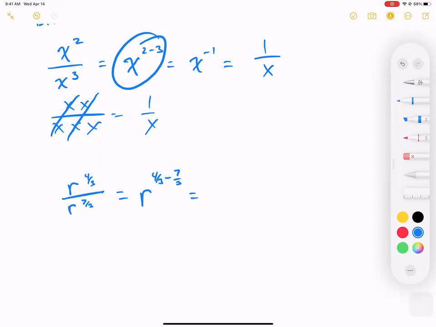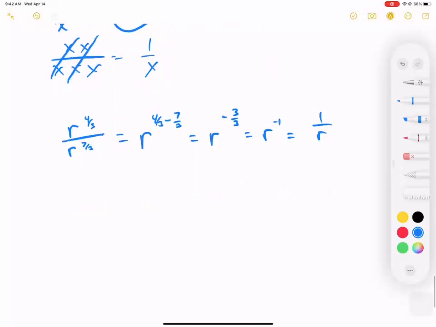They subtract to become r to the negative 3 over 3. Hey, great, I can simplify this now. This is r to the negative 1. Negative 1 is really on the bottom. So we took something that looked really confusing with a lot of fractions, and we were able to stick to our rules, and it's simplified.